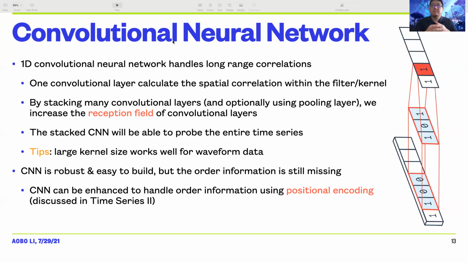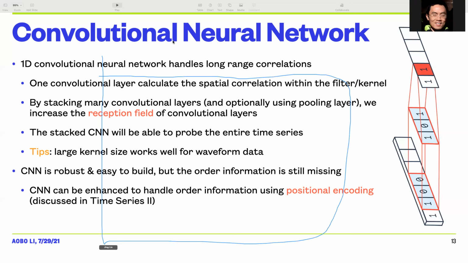Let's see, we have a big picture like this, and then you move your filter this way, right? So you always have the overlapping part where you take into account the information from the previous portion of the whole picture. So because of this overlapping, your weight actually contains part of the previous information. Is my understanding right?